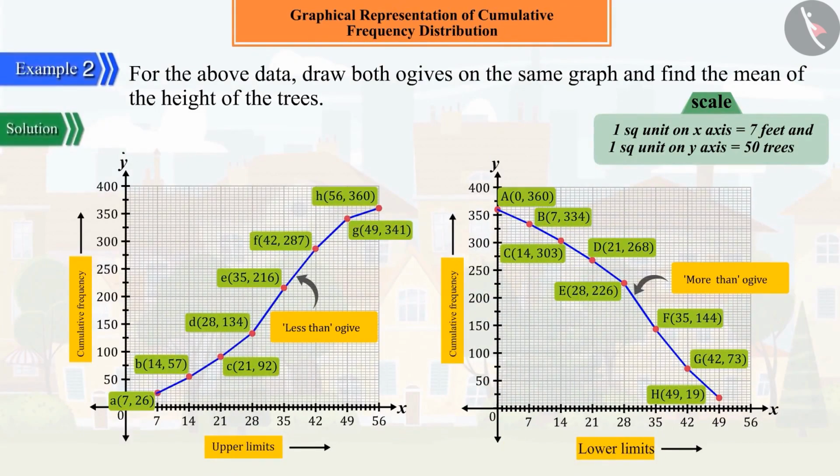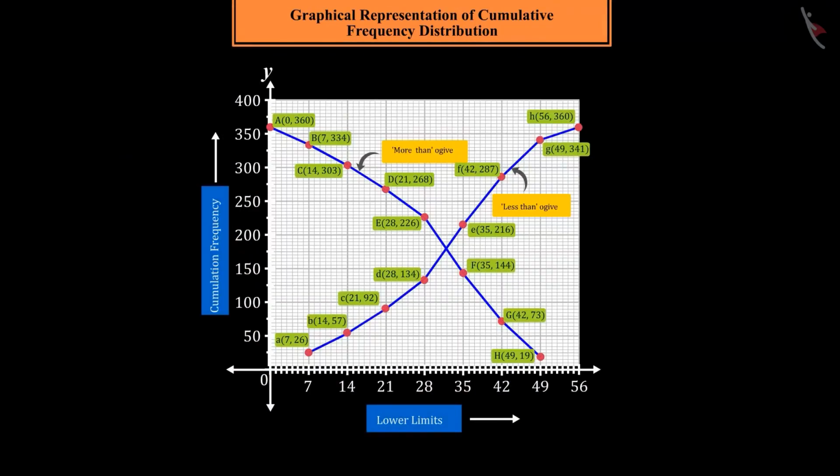Since we have to find the median along with both types of ogives, can you guess what we have to do for this? Perfect. For this, we will draw both ogives on the same graph. If you look carefully, you can tell that these two ogives intersect each other at a point.